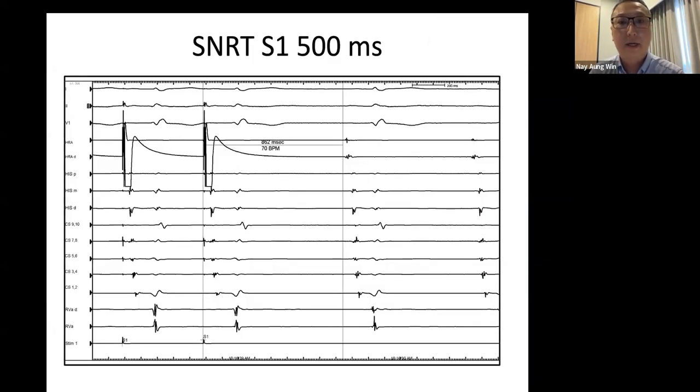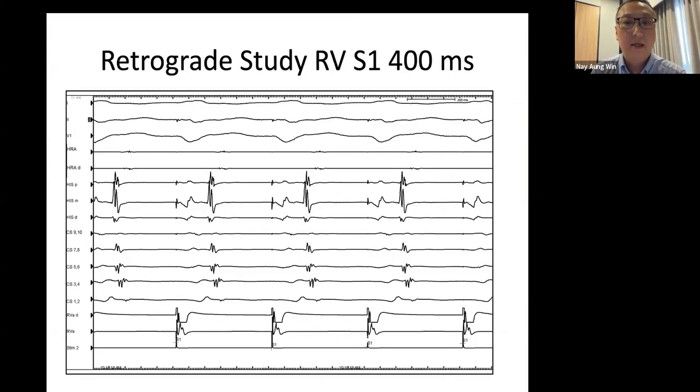Our sinus node recovery time was also normal. Retrograde straight RV burst pacing at 400 milliseconds shows concentric atrial activation with the earliest site of activation at the His.